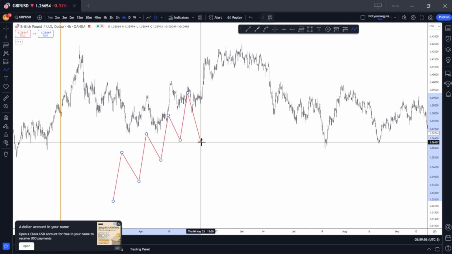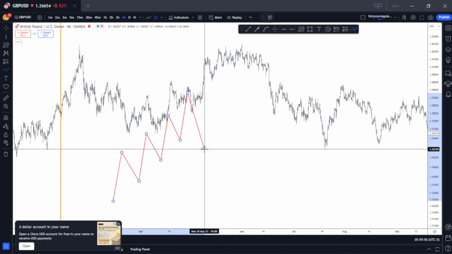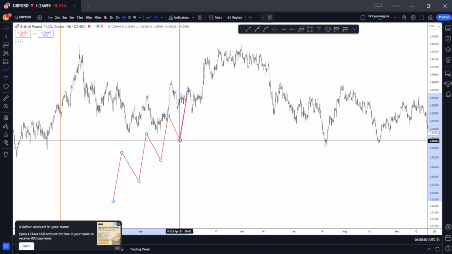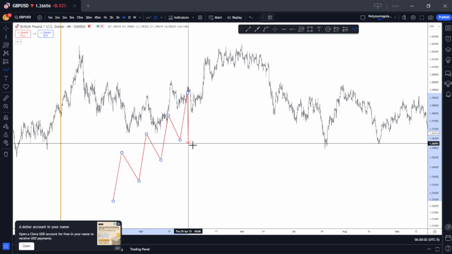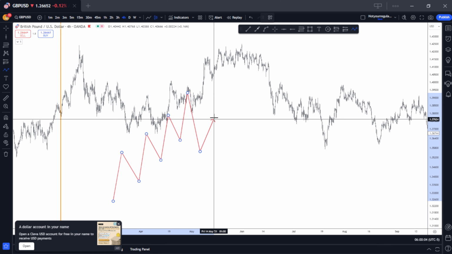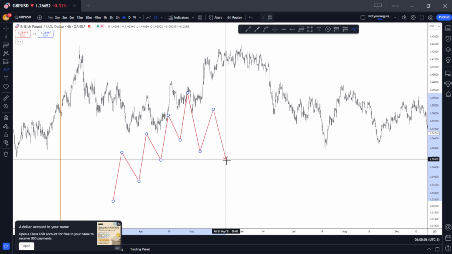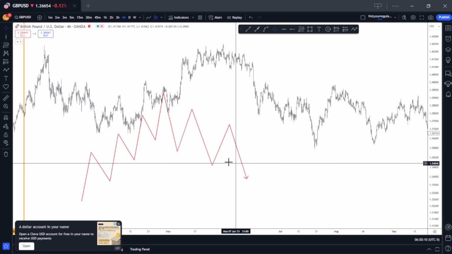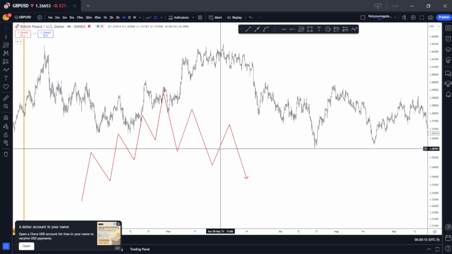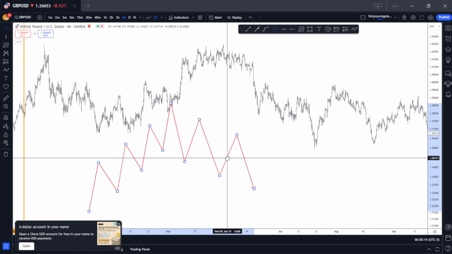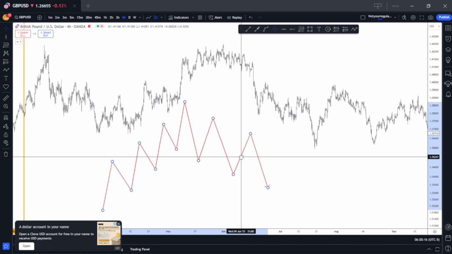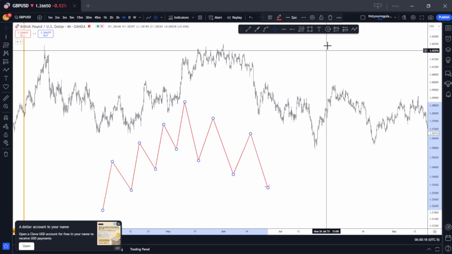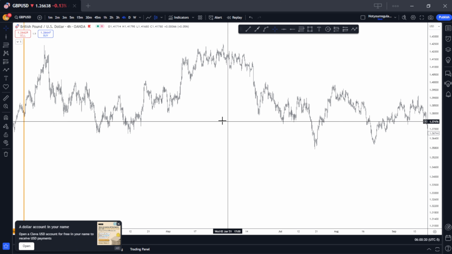Then, when the market wants to transition into a bearish market, it has to break structure right here, taking out this low, then give us a lower low, lower highs, lower low, lower highs, lower low. This is absolutely correct, but what we see in the chart is a whole different thing.